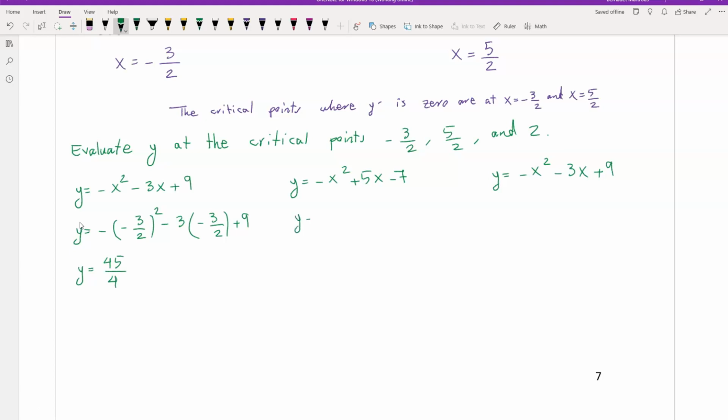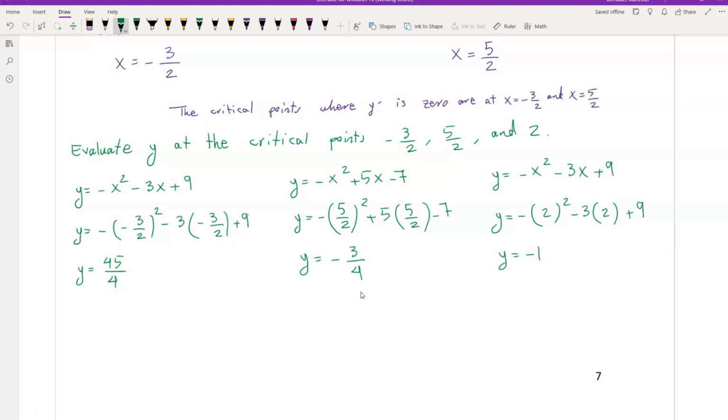For the second piece, our x was 5/2, and our answer for y is -3/4. Now for x equal to 2, the answer that we have for y is -1.